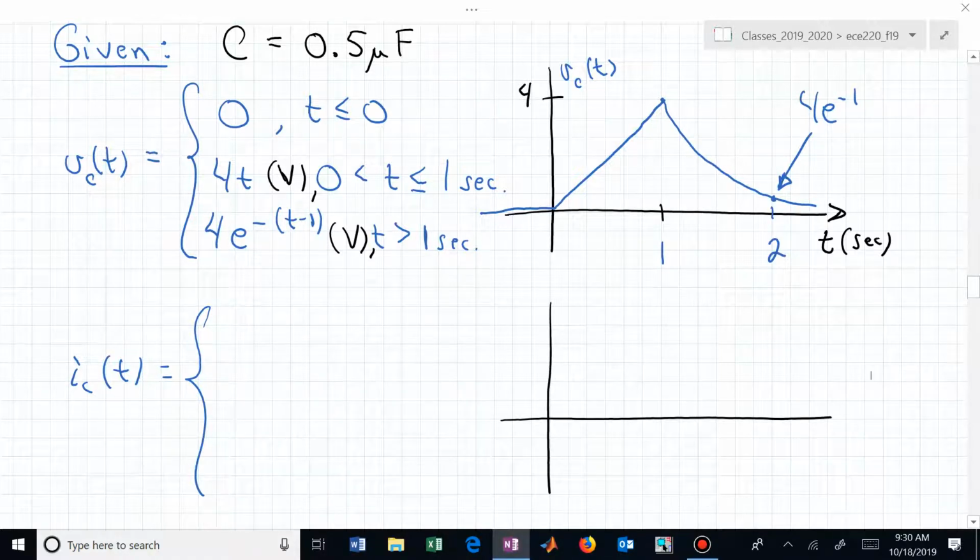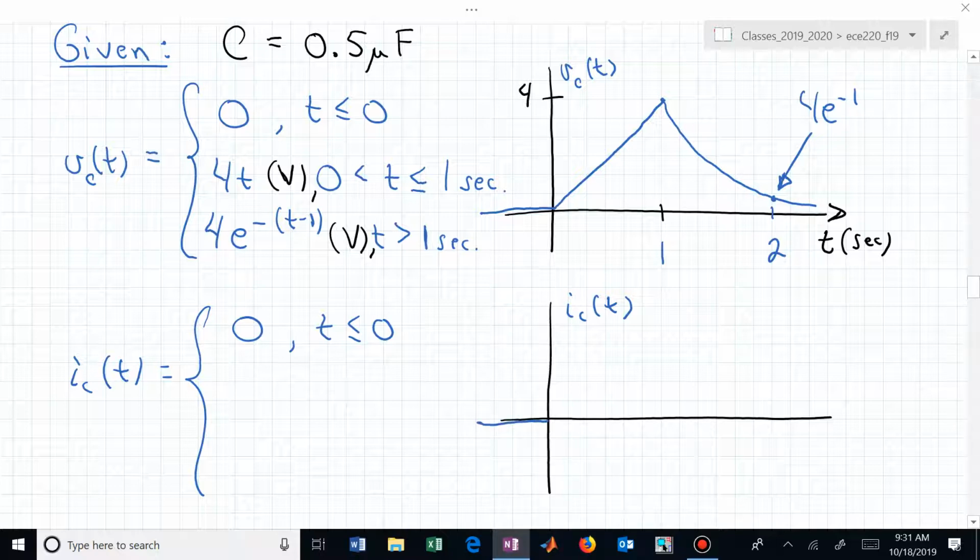Before time 0, I of t is 0. Since I know I is equal to C dV dt, the voltage is not changing before 0. I don't have any current associated with that capacitor. And it's now going to be flat.